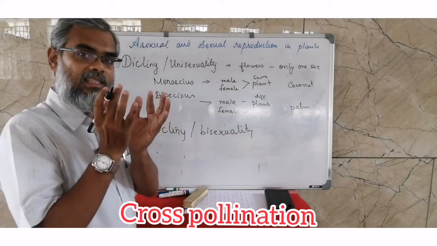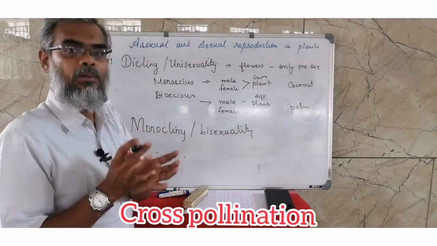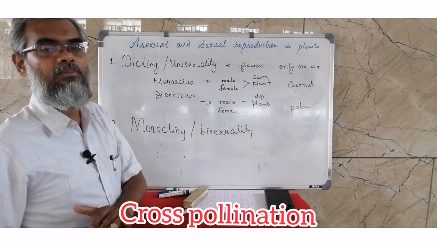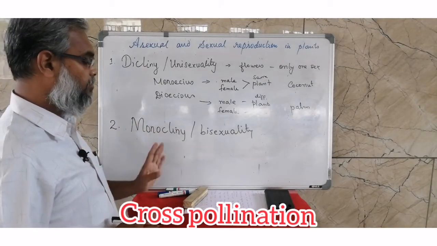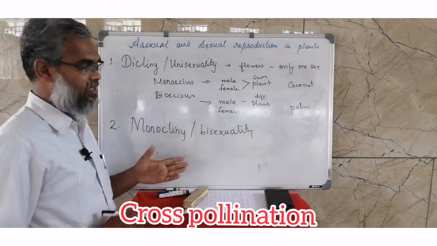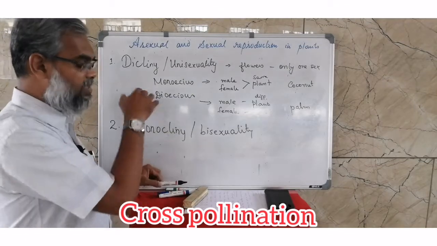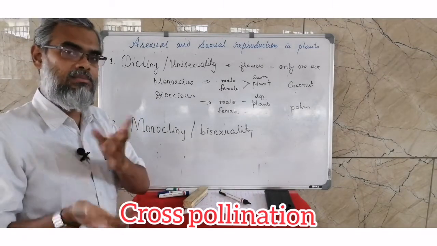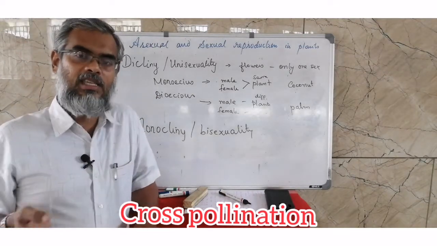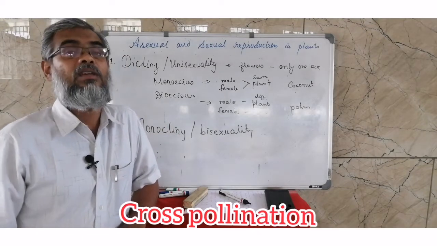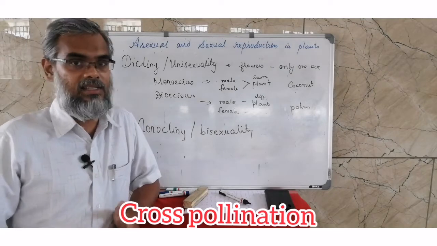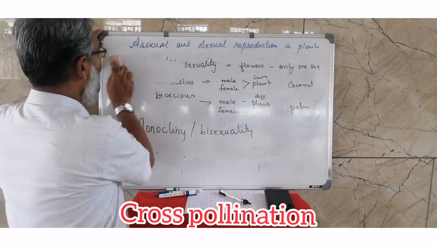Here the single flower will bear both the male part and the female part, both sexes present in the same flower. In this we have to discuss more, because many types are there. Maximum we see bisexual flowers everywhere. So what are the possibilities in this? Let's discuss one by one now.